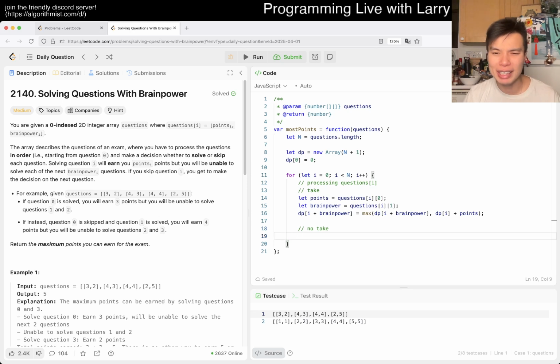And of course, if we don't take, then we just skip. And what does skip look like? Well, we just update the next one to whatever we have now. No points, we just skip, and that's it. Conceptually, this is it.